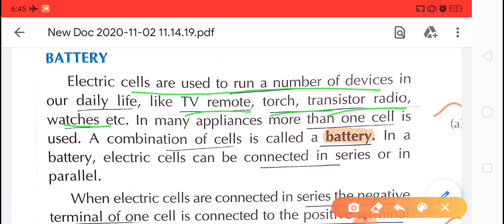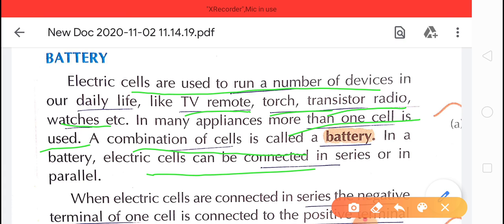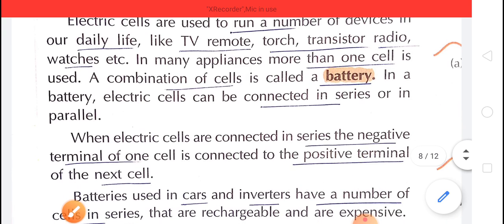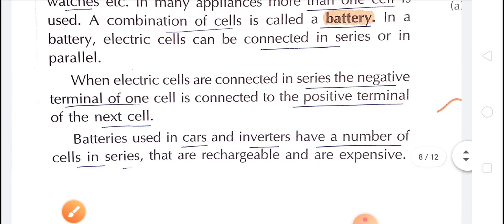In many appliances more than one cell is used. So we can say that the combination of cells is called a battery. In a battery, the electric circuit can be connected in series or in parallel.